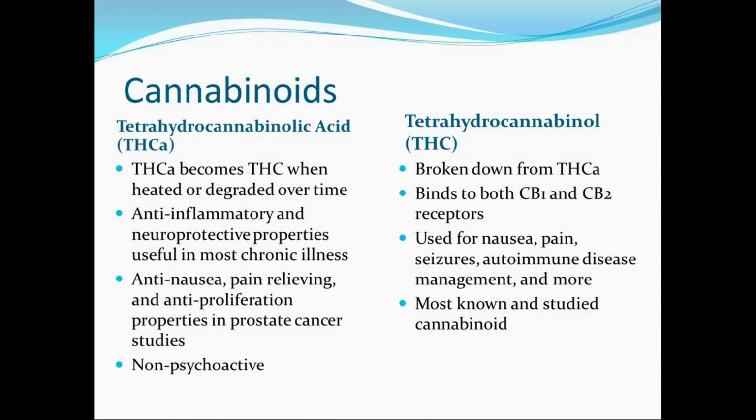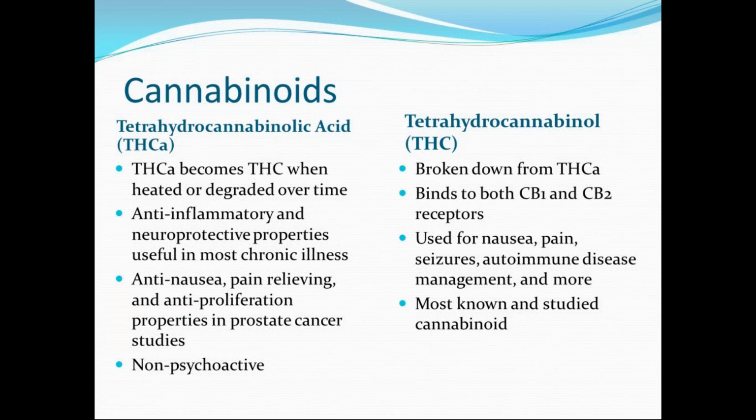Tetrahydrocannabinol is THC, and that's the most known cannabinoid that there is. It's broken down from THCA, and it does bind to both receptors. I think one of the misunderstandings is people don't think that THC actually interacts with the CB2 receptor in the immune system, and it most certainly does. It's used for nausea, pain, seizures, autoimmune disease management, and more.